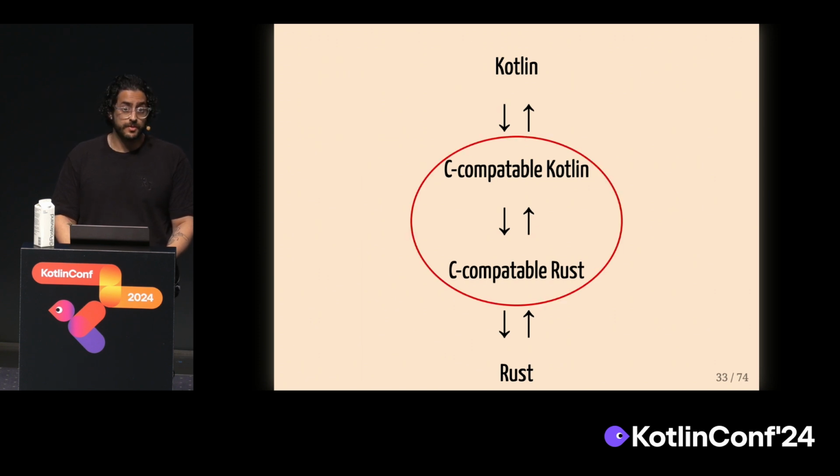Those things in the middle are, one, very error-prone, and two, nobody really likes to write them. It's the kind of code that you write and hope that nobody touches it ever again, because it escapes all of Rust's safety mechanisms. It escapes all of Kotlin's safety mechanisms. You're writing C. Nobody wants to do that nowadays.